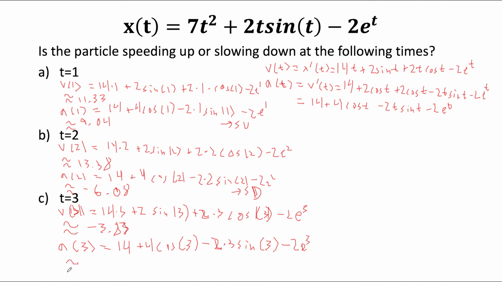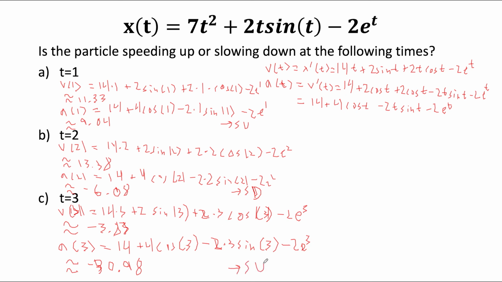And this is approximately negative 30.98 if you plug that into a calculator. So now that we know that both of these have a negative sign, we can say that the particle is speeding up at time t equals 3.